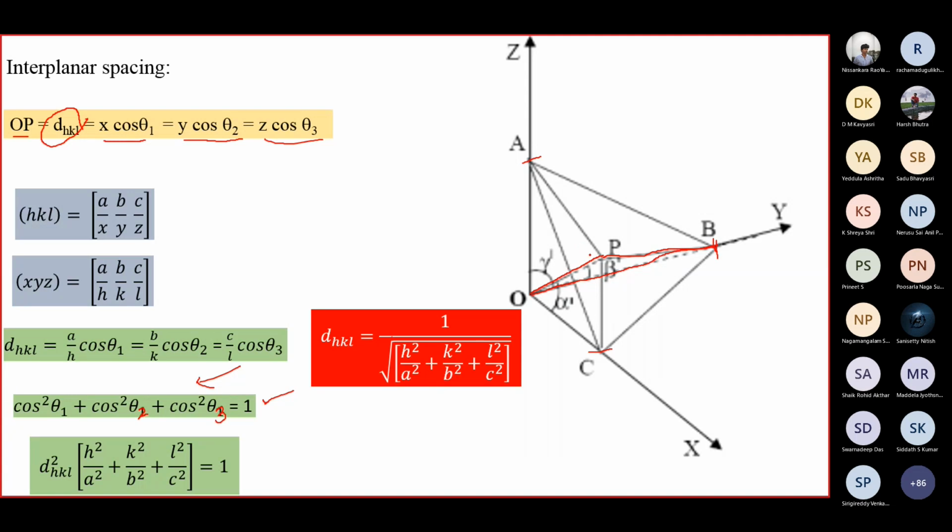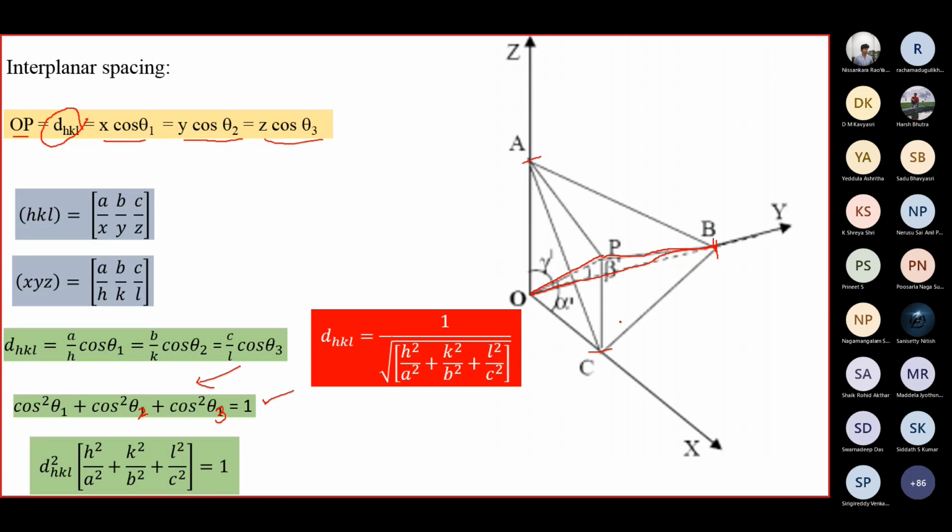See, we derived this formula considering this 1, 1, 1 plane, but it need not be the 1, 1, 1 plane. This is true for any plane. Clear? So h square, k square, l square remain as they are.